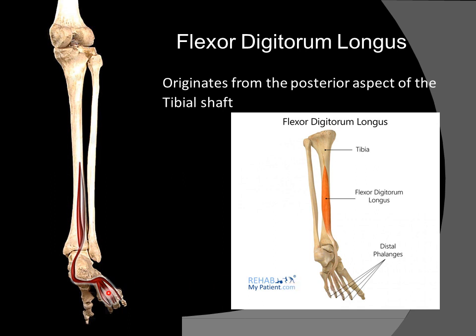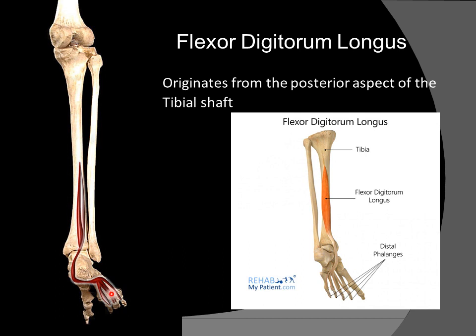The flexor digitorum longus tendon subdivides into 4 tendons for the lateral 4 toes.